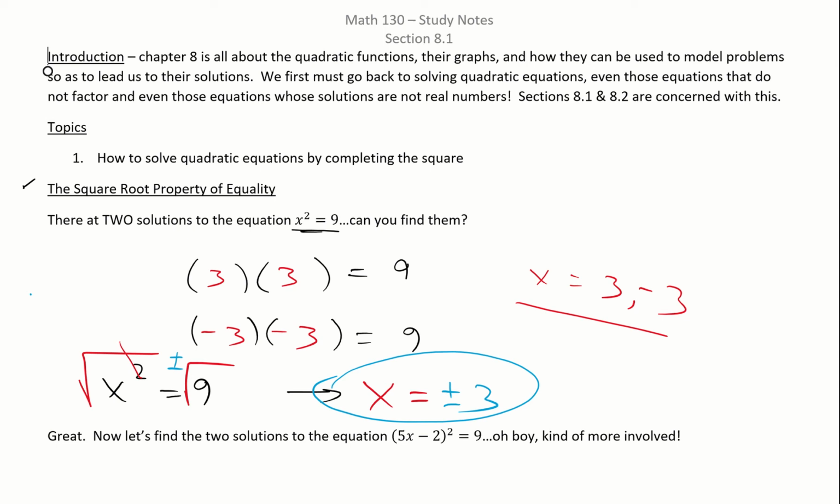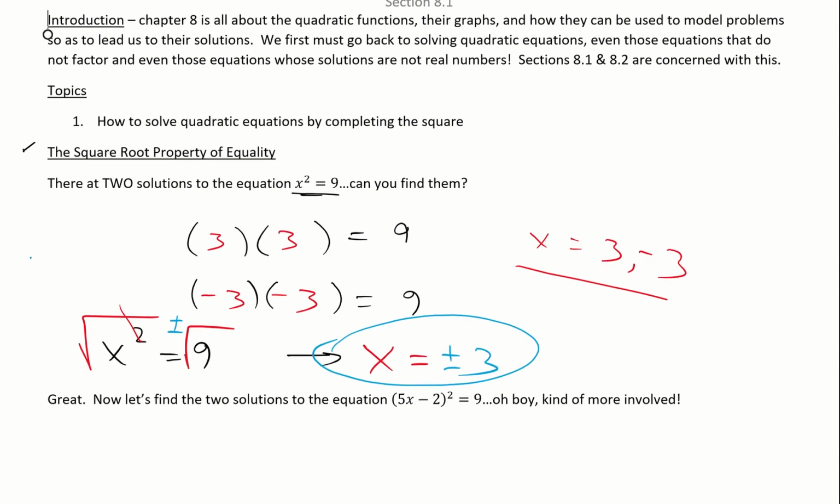So you always try to remember when you square root both sides, there's a plus minus. So let's write that down. When we square root, last chapter, we were squaring to get rid of a square root. Nice symmetry here. Here we're square rooting to get rid of a square.